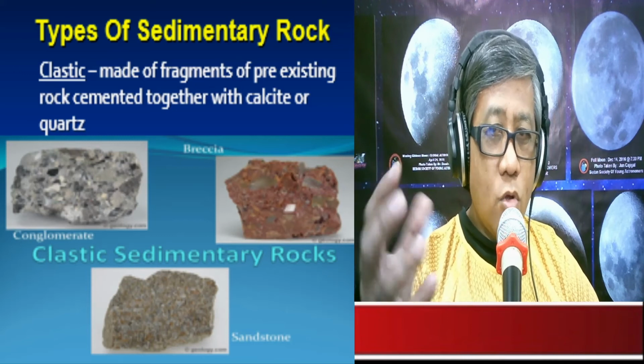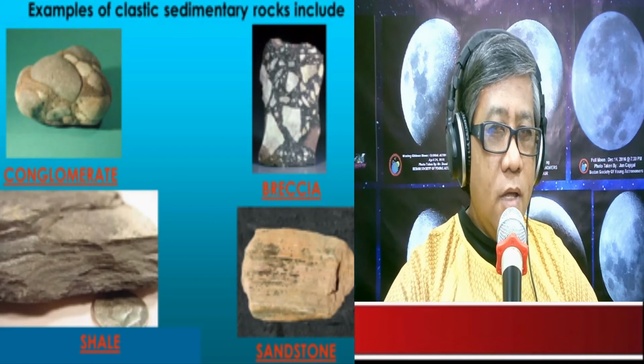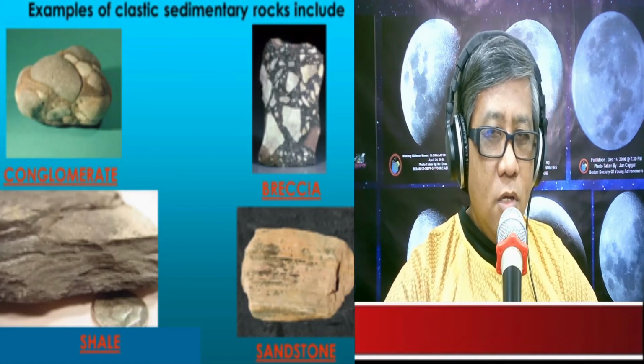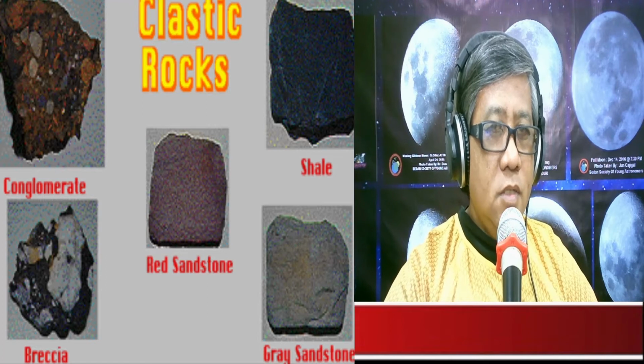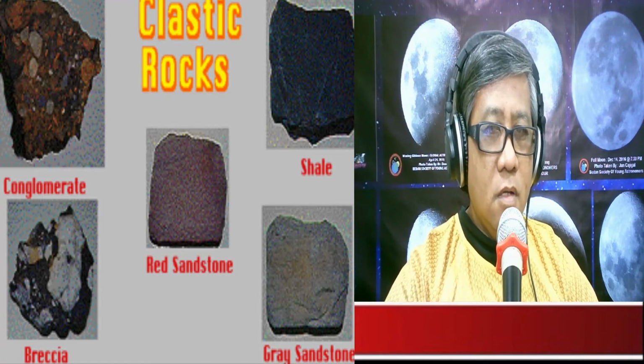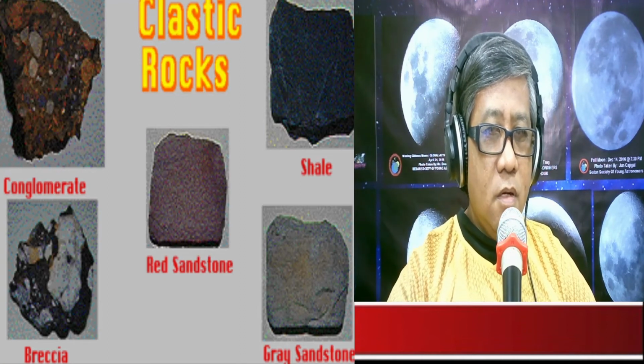So we call that conglomerate. Alright, and examples of clastic sedimentary rocks include breccia, then we have shale and sandstone.